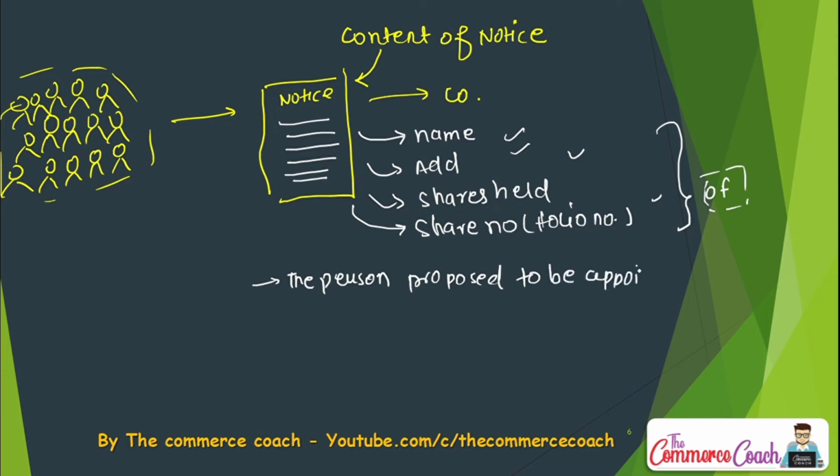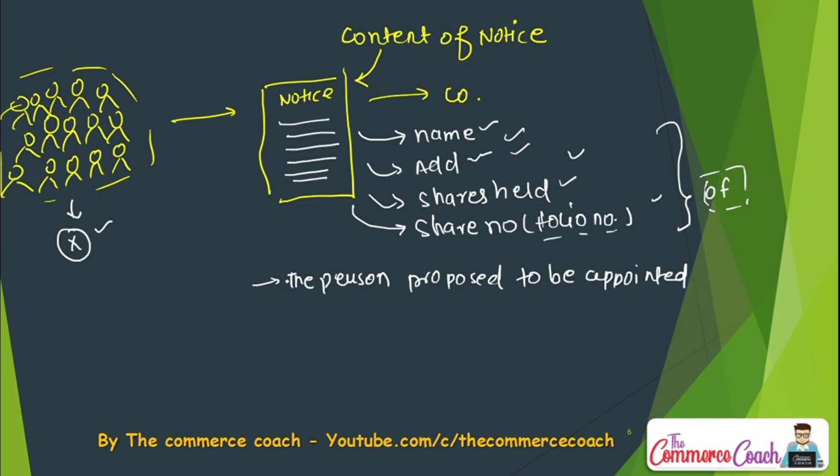See, they have decided that Mr. X would be appointed as small shareholder director. Now the details of Mr. X will be given to the company: his name, his address, the shares that he holds in the company, and the folio numbers, if any.